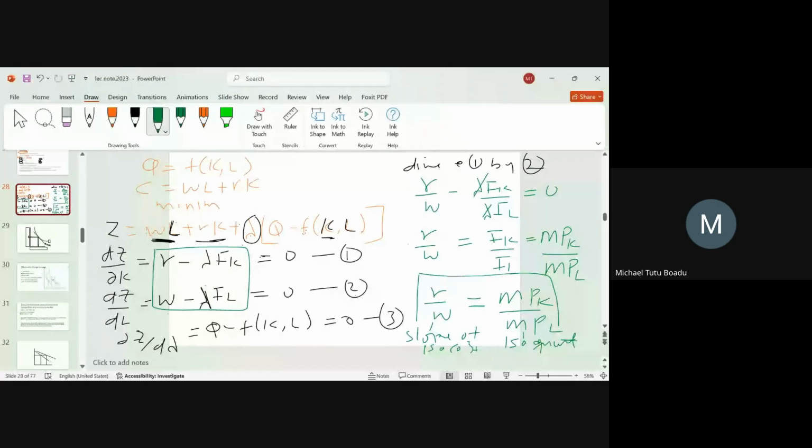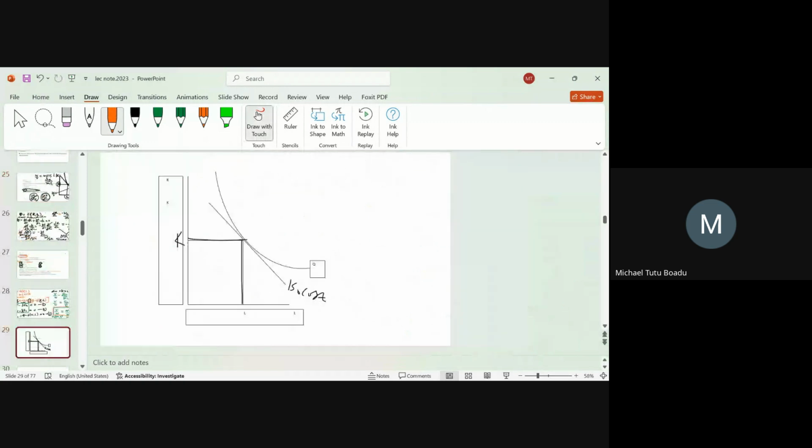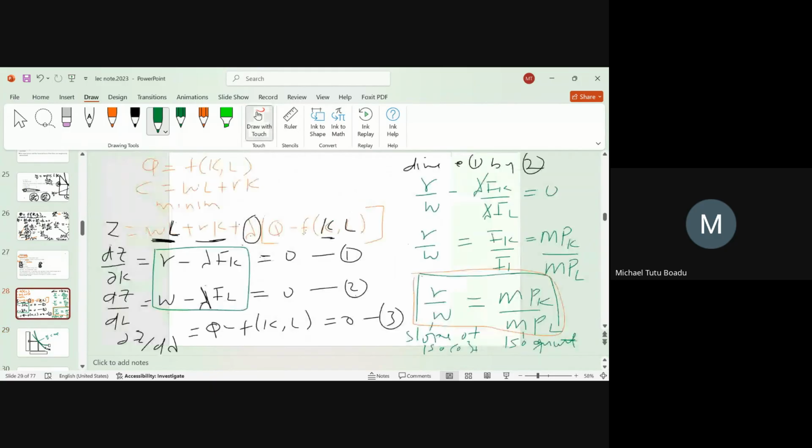So this equilibrium can be illustrated on a graph. This equilibrium can be graphically illustrated, and that is what I did here. Or let's do it here again. So this is the iso-cost, and this is the iso-quant. This equilibrium means that W over R is equal to, what did I get?